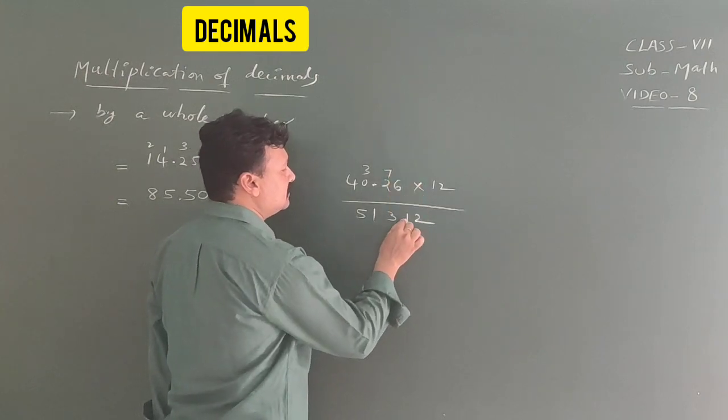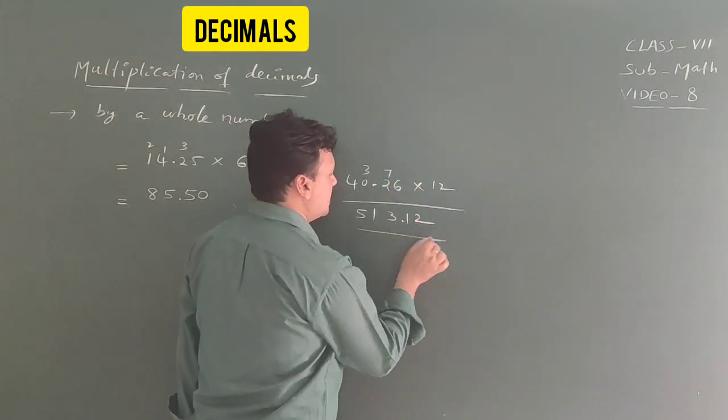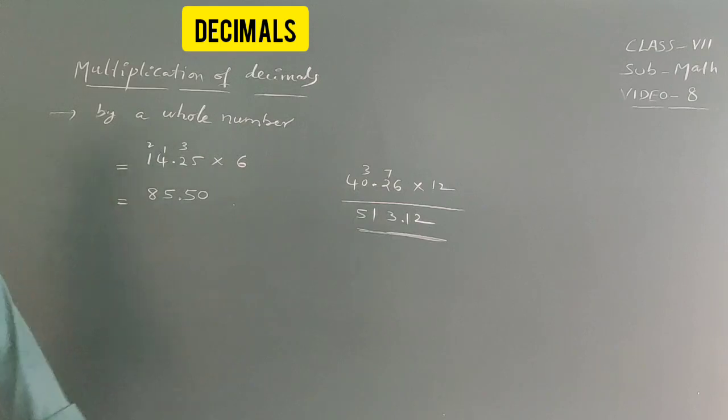That's why we put the point according to the number of decimal places. Our product also contains 2 decimal places. In this way, we can multiply a given decimal by a whole number.